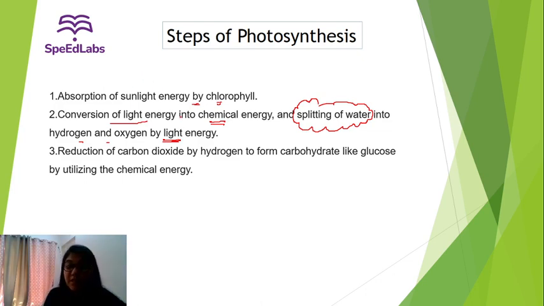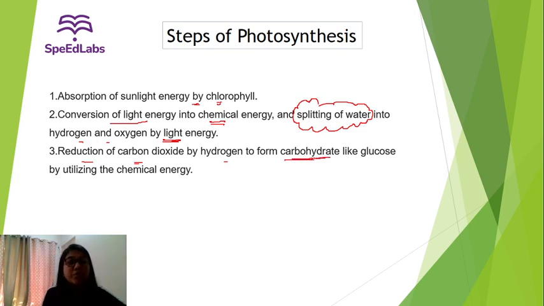First, absorption of sunlight energy by chlorophyll. Second is conversion of light energy into chemical energy, and splitting of water. Now, the third very important thing is reduction of carbon dioxide by hydrogen to form carbohydrate.